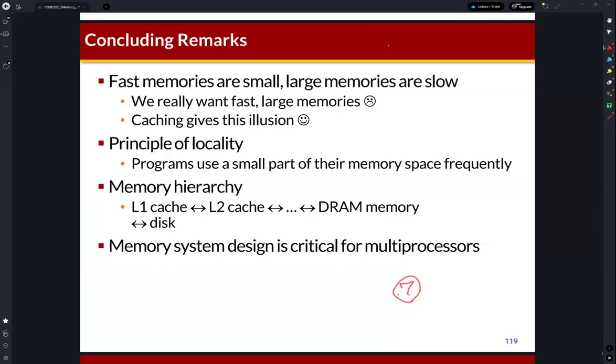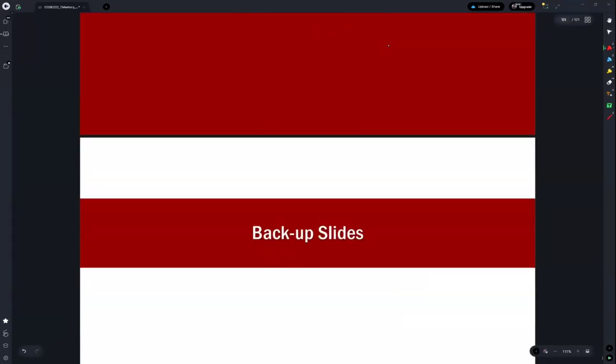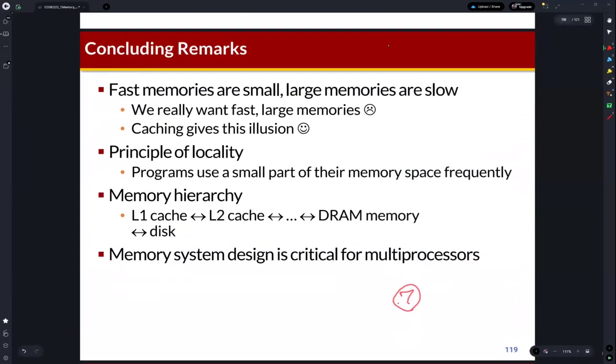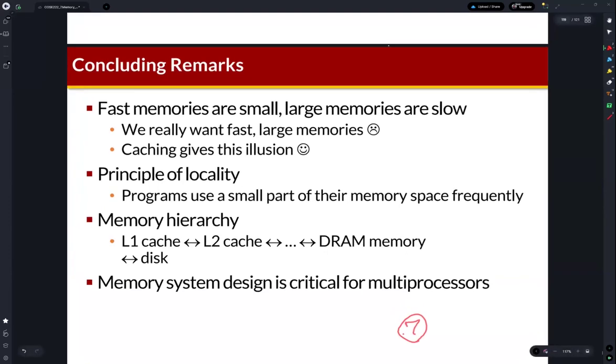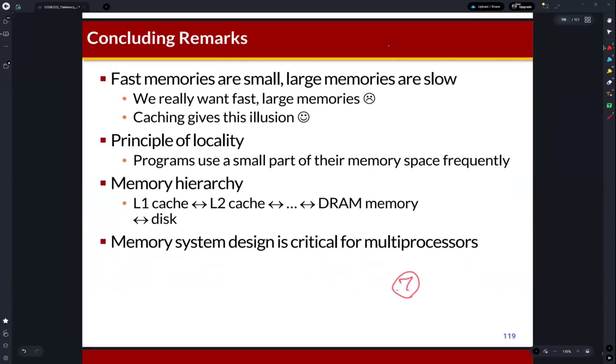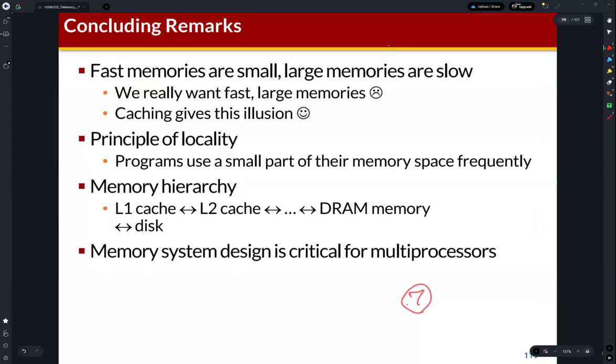Okay, so I will stop here. Because I covered until the end of chapter 6, for the last lecture I will briefly cover chapter 6 of the textbook. So I think it's okay, because I covered the virtual memory part.